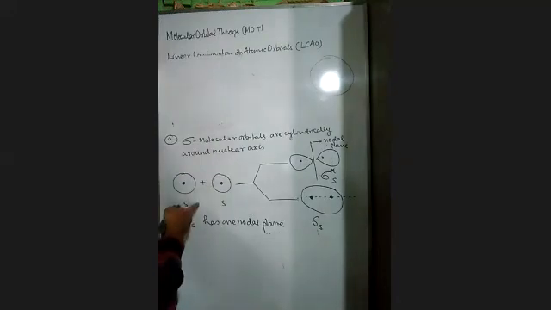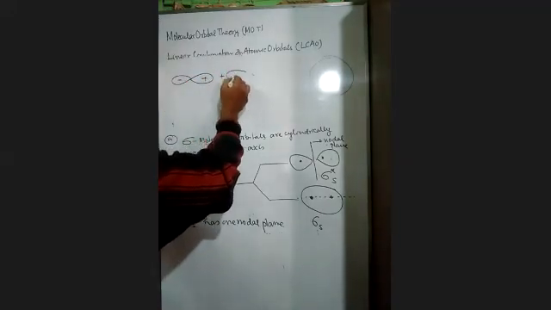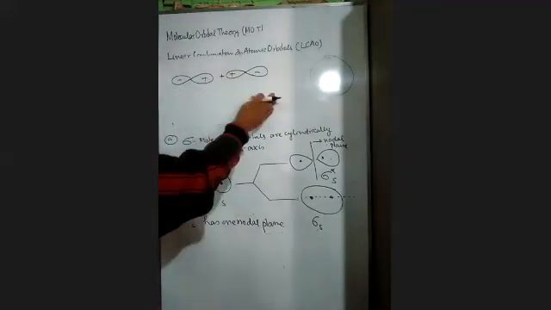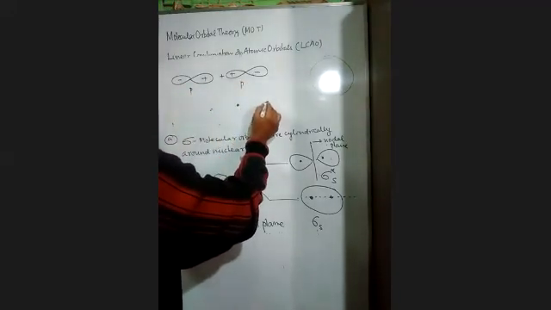See, we are saying that it should have comparable energy. So S has combined with S. Now we'll go for P. When you go for P, they have to maintain the symmetry. Energy is the same, symmetry is the same. So it is P, P. I'll draw it like this.